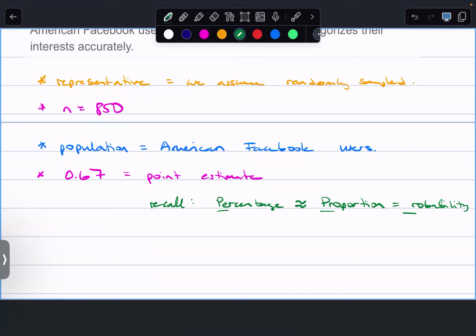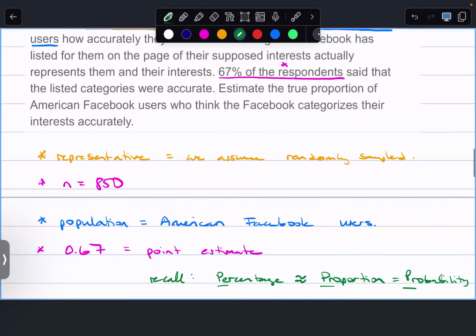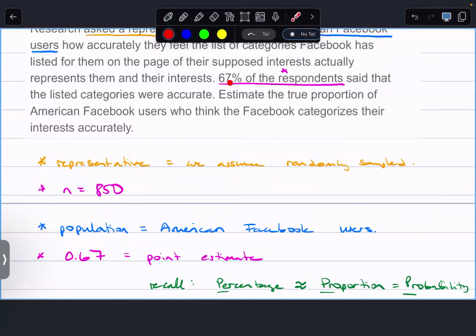So a proportion is a probability, and if you multiply it by 100, then you get a percentage. Often, when we're talking about proportions, we report them as percentages just because it's cleaner and easier for our brains to read. And so 0.67 or 67% of the respondents said that the listed categories were accurate.